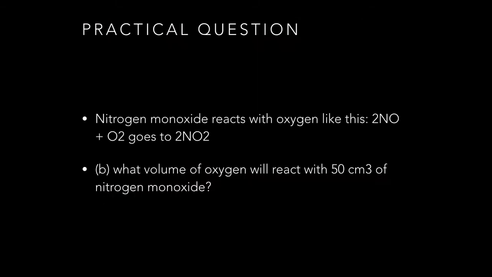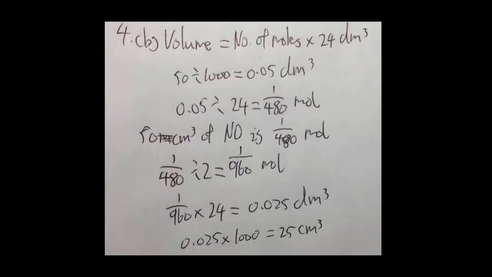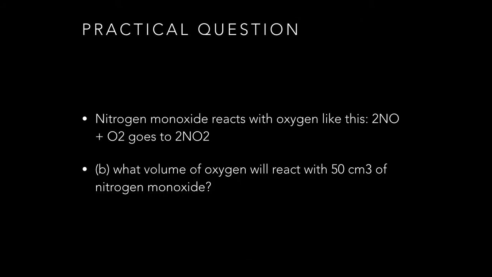So they ask you what's the volume of oxygen. Firstly, you have to find what mole of oxygen is in this equation for the given volume of the nitrogen. So basically, 50 centimeter cubed, or 1 over 480 mole, is equal to 2 mole, because there's a 2 right here.